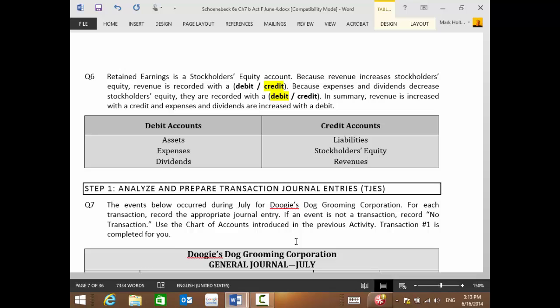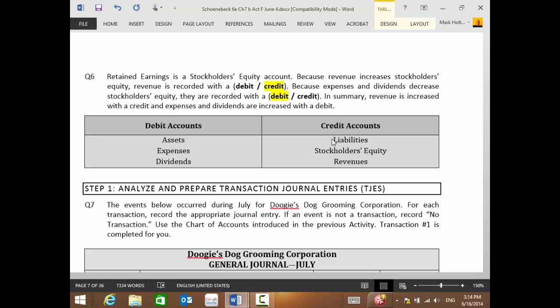And they're credits. Well, so are liabilities, and liabilities are not good. So a credit could be an increase to a revenue, or it could be an increase to a liability. So thinking that credits are increases only is missing half the show, and you're going to get half the problems wrong.